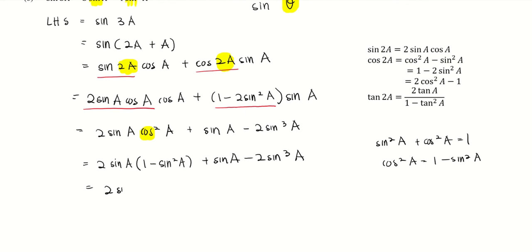This is 2 sin A minus 2 sin cubed A plus sin A minus 2 sin cubed A. So this is 3 sin A minus 4 sin cubed A.